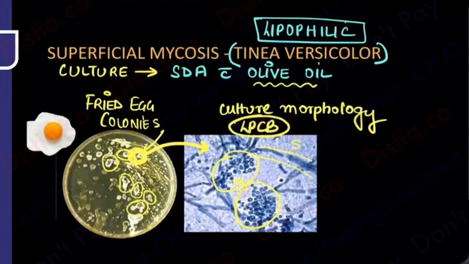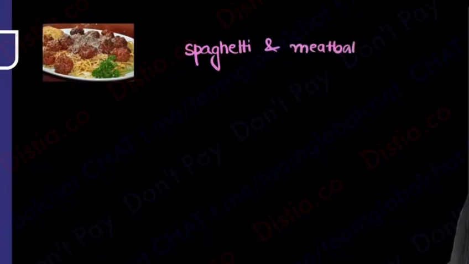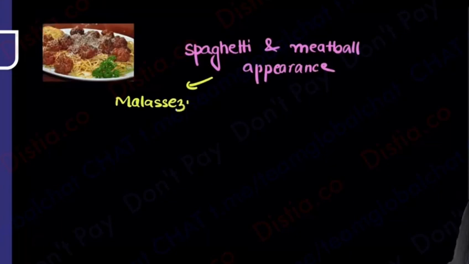So now, having said that, before I summarize this entire thing, which are the other places where you see the very famous spaghetti and meatball appearance? The first place is what I've just taught you right now, that is Malassezia furfur. And the second one is a pap smear finding that you have studied in pathology.